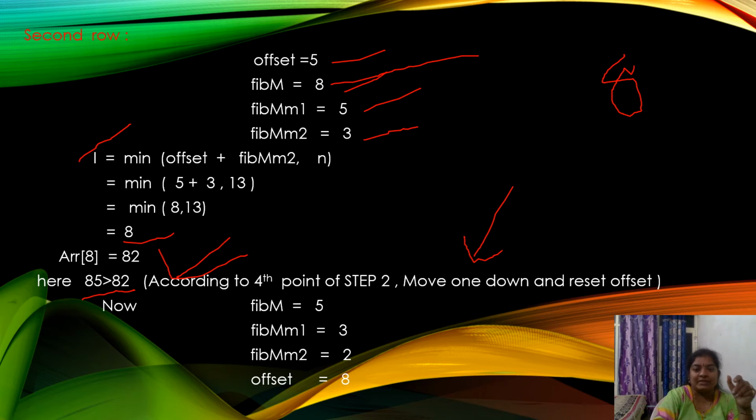One down means go to the left side in the Fibonacci sequence, so that element is 5. The Fibonacci number is 5. What are the previous two elements? 3 and 2. Reset offset means here the index is 8, so the offset is 8. This can be treated as input to the next row.